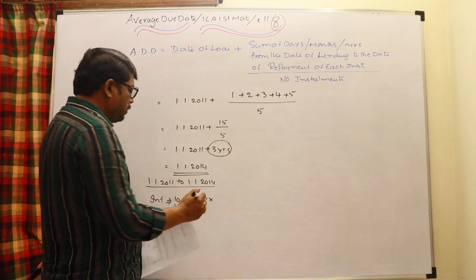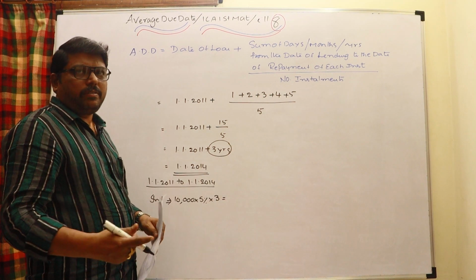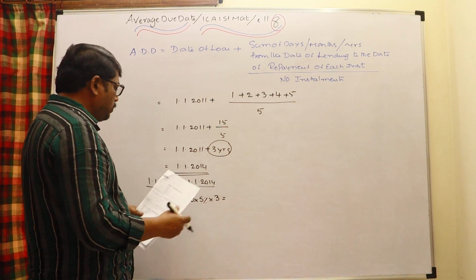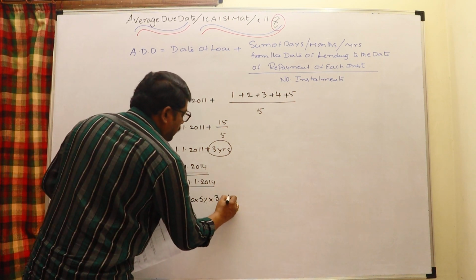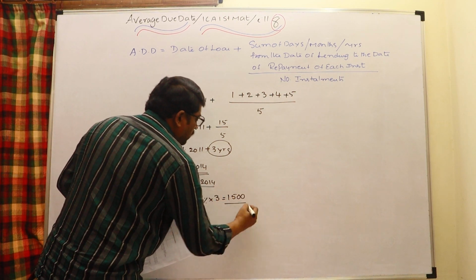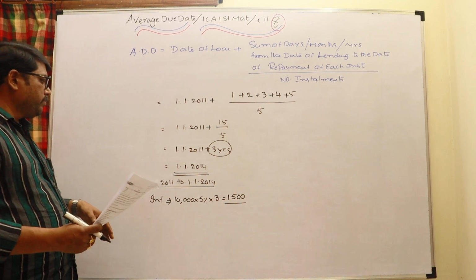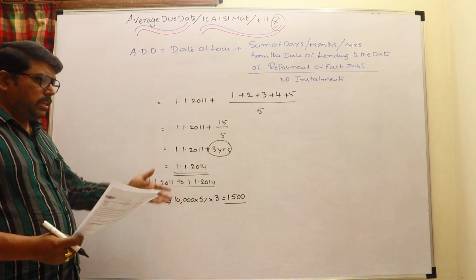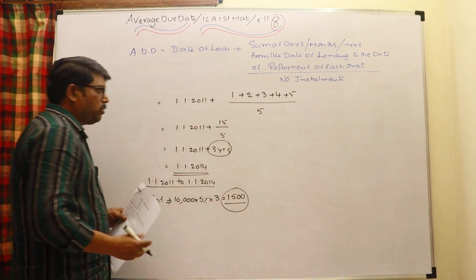If you take months, you write divided by 12; if you take days, the denominator is 365. But for years, no problem, you just multiply. So 10,000 into 5%, which is 500, into 3 years, and it would be 1,500. The interest is 1,500.